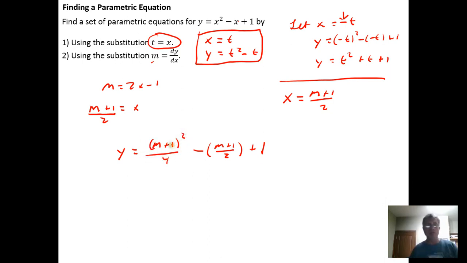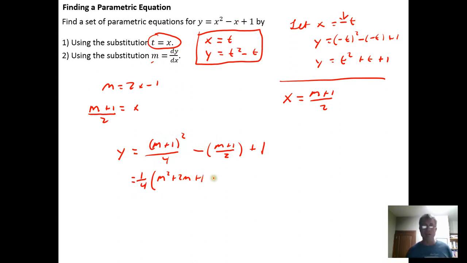And maybe we could think about cleaning this up a little bit. So for example, if I factored out a 1/4, then that would leave me with an (m plus 1) quantity squared right here. And if I square out an (m plus 1), I'm just going to get m squared plus 2m plus 1.